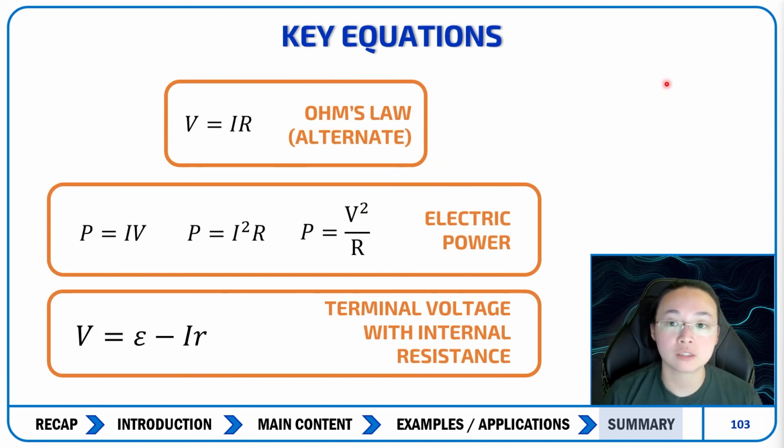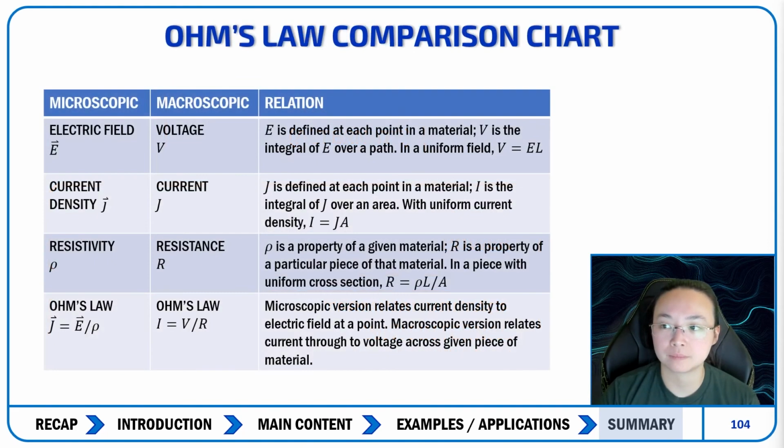So key equations for voltage and current. When working with circuits, we have V equals IR, we have electric power, and we have terminal voltage with internal resistance. We have that comparison chart for Ohm's law.